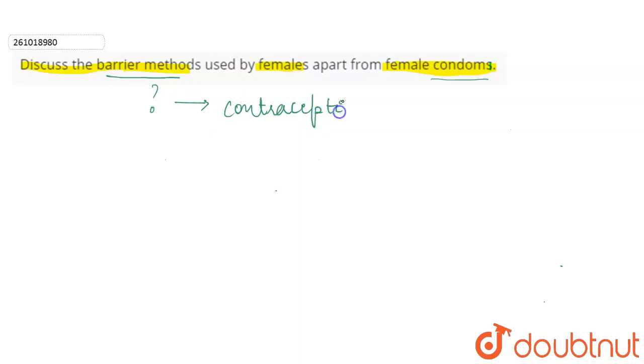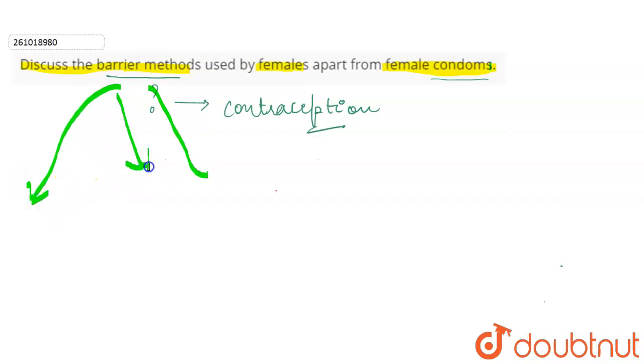वो कौन से मेथड्स हैं जो बैरियर मेथड के अंडर आते हैं। So they are basically the following. बैरियर मेथड में क्या होता है, जो स्पर्म्स होते हैं उनको एक बैरियर प्रोवाइड किया जाता है so that they cannot enter the female reproductive tract and anyhow to prevent the sperms from reaching the egg.